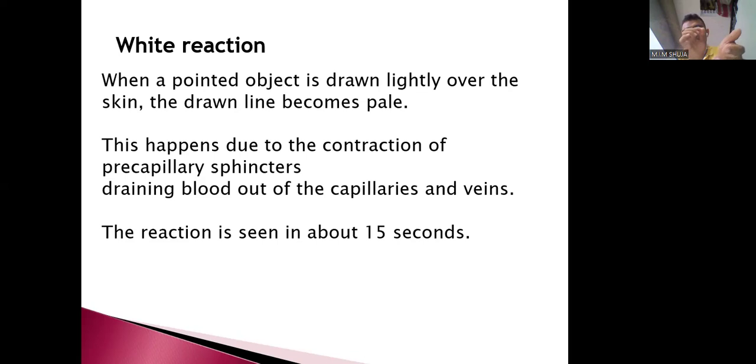A blunt object, you get a line formation. That is called the white reaction, due to the contraction of precapillary sphincter, draining blood out of the capillaries and veins. But it is not permanent. It only lasts for 10 to 15 seconds, then it disappears. That is white reaction.